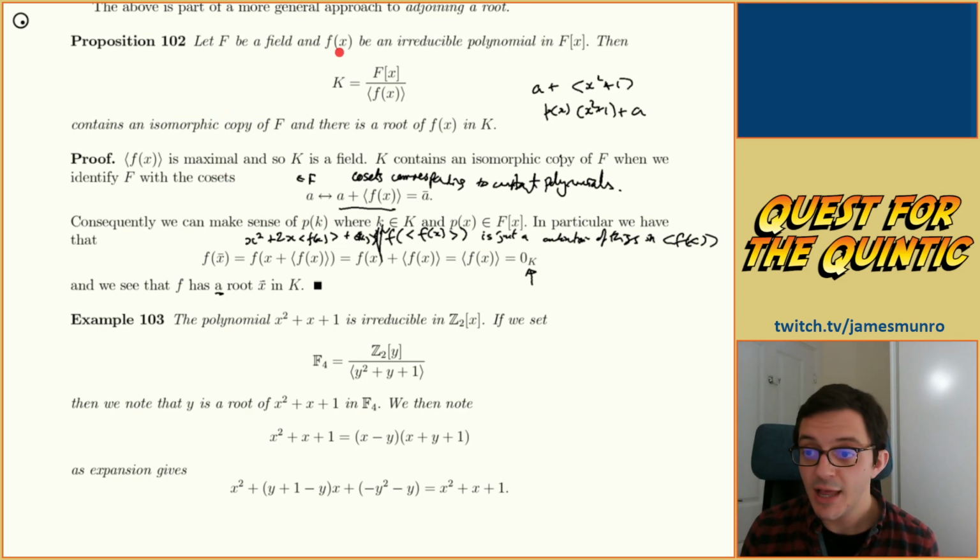Given the real numbers, f a polynomial you can't solve in the real numbers, then you take the new field, defined like this: take all your real polynomials and quotient by x squared plus 1. That contains an isomorphic copy of the reals, which is fine. It's sort of a bigger field. It contains all the reals, but also it's got a root now. Your new field has got a root of that irreducible polynomial.